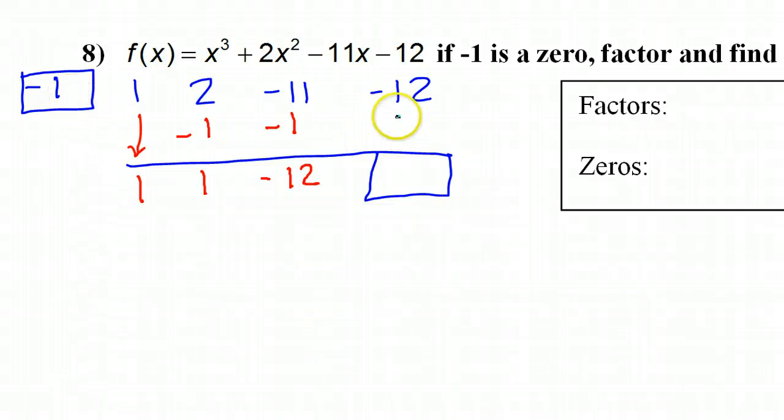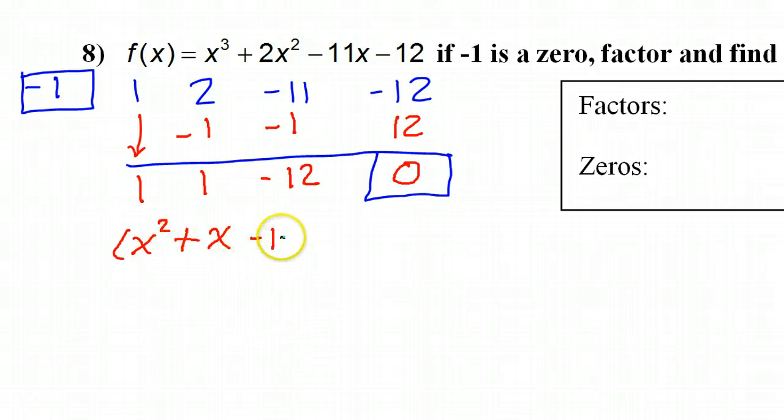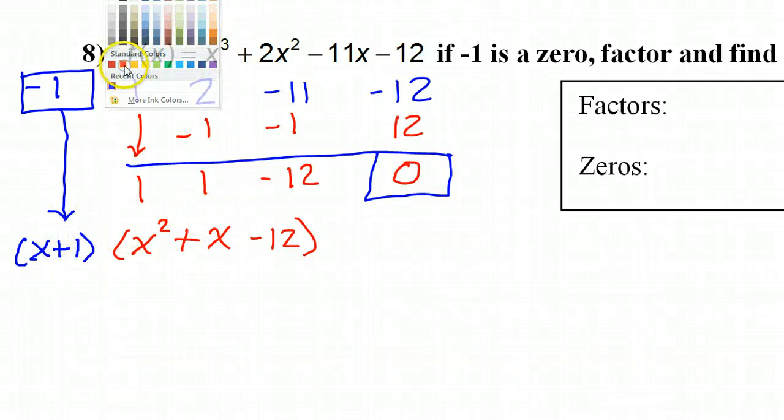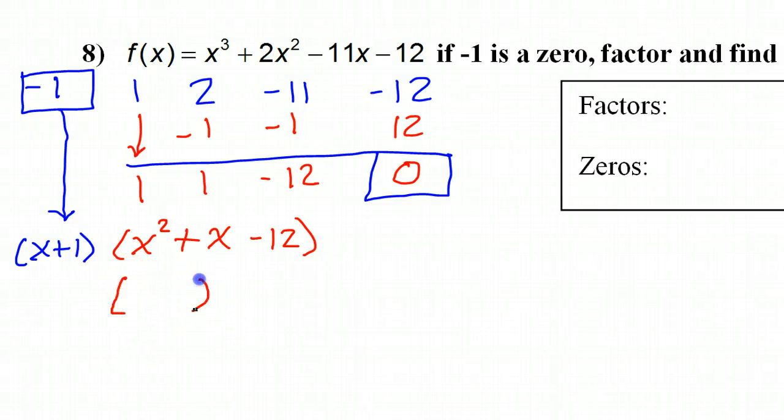Negative 12 times negative 1 is positive 12, and that gives me 0. All right, these are the coefficients of a trinomial. So the trinomial is x squared plus x minus 12. Okay, the original 0 of negative 1 will give me a factor of x plus 1. So I have already factored it one level, but I need to continue by factoring the trinomial. So x squared will factor as x times x.